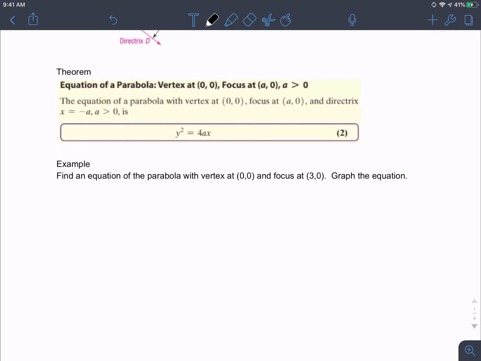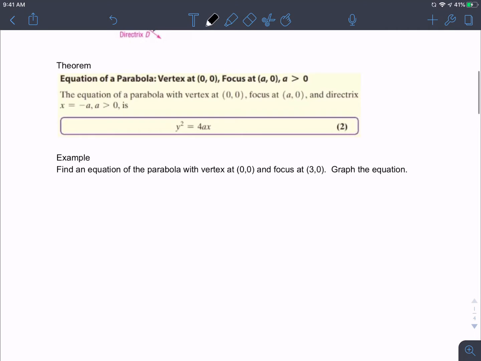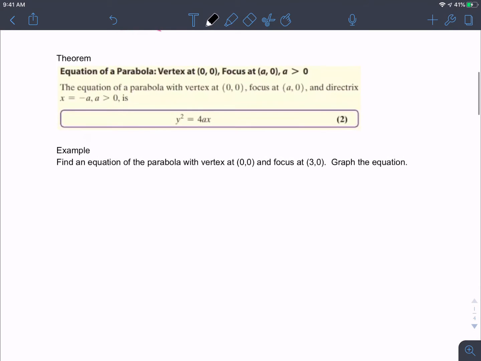So let's look at an example real quick, and it should be fairly straightforward. We see that the focus occurs at a, 0, and so the focus for our problem is 3, 0, and so we know that a is going to be equal to 3.